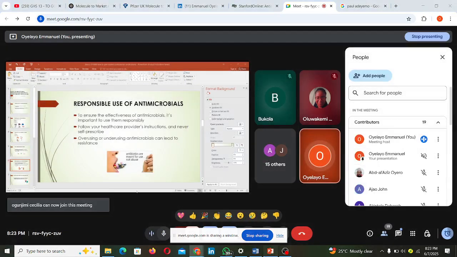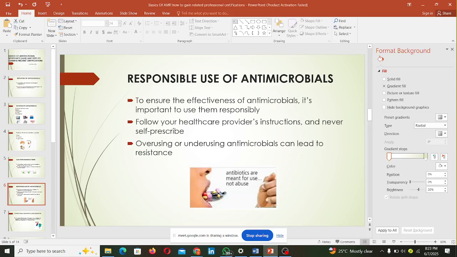Bring it into the context of antimicrobials, it's the same thing. Once you overuse antimicrobials, you are contributing to antimicrobial resistance. And if you underuse them also, you are contributing to antimicrobial resistance. So it's better for you to make use of your dosage as at when due and make use of antimicrobials when recommended.